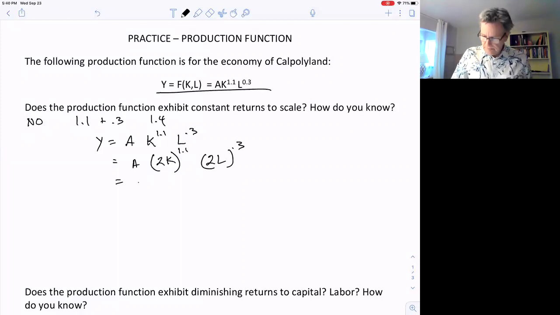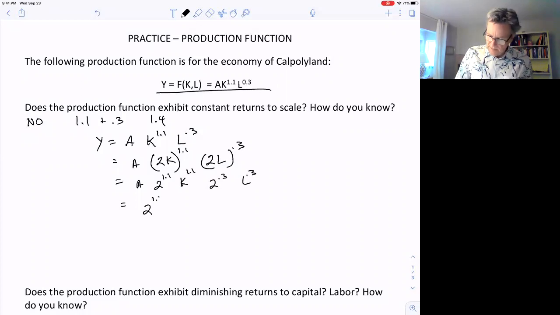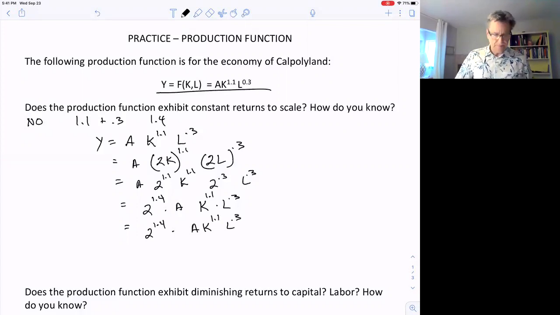So this is going to be A times 2 to the 1.1, K to the 1.1, times 2 to the 0.3, labor to the 0.3, which is 2 to the 1.4 times A times K to the 1.1 times L to the 0.3, which is equal to 2 to the 1.4 times A K to the 1.1, L to the 0.3, which is Y. So we have 2 to the 1.4 times Y. Not equal to 2Y.